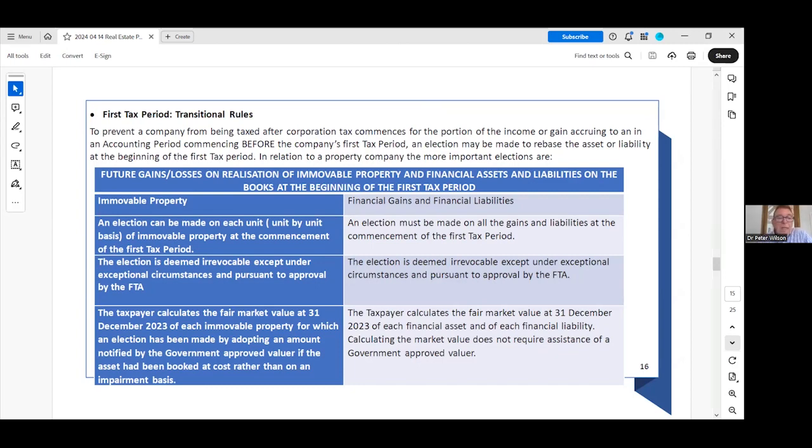So in relation to immovable property, you can make an election on each individual unit of immovable property. So if a company has 10 apartments, for example, it can elect on all of those, or it can elect on none of them, or it can elect on some of them, and it will make an election.